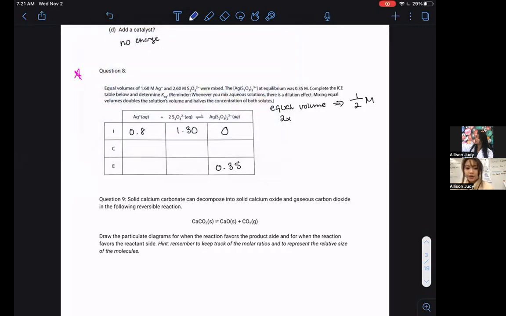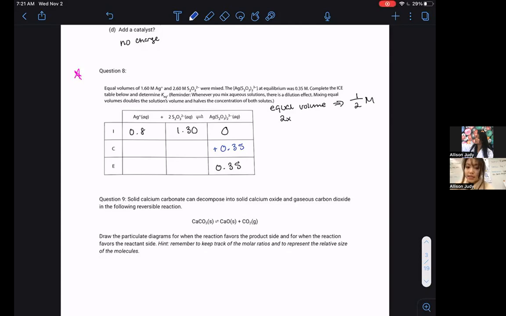Well, I know that if I'm at 0.35, I'm going to be changing my product. The change in molarity of my product is 0.35. And then looking at my molar ratios, for every one product I produce, I consume 2 of my S2O3- reactant.